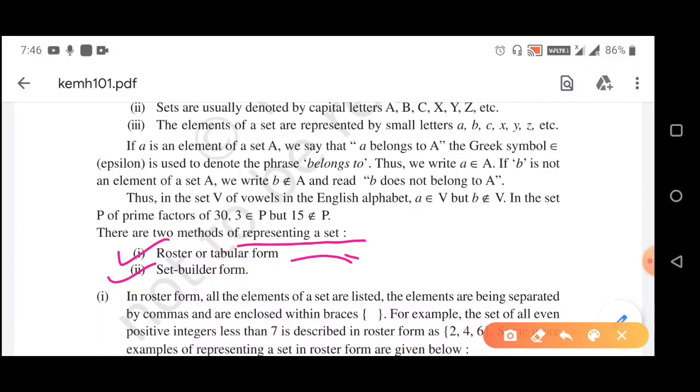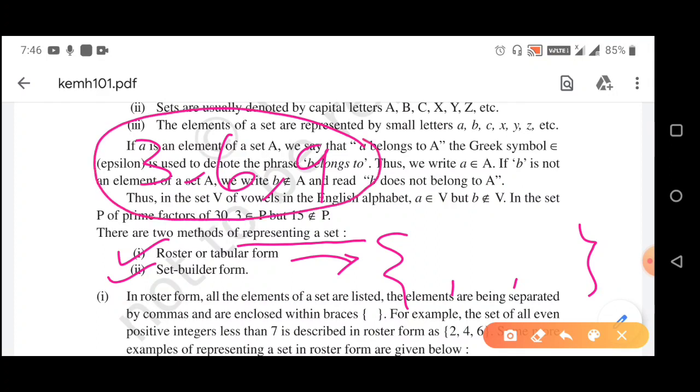Whenever we use roster form, we have to give these curly brackets, and inside the brackets we have to use commas and write the elements of the set. Now what are the elements of a set? Suppose we take the example of multiples of 3 less than 10, then the collection will be 3, 6 and 9.